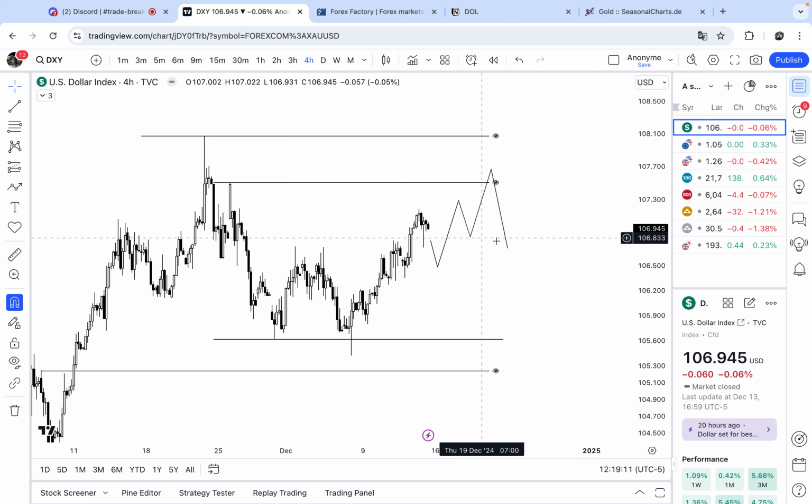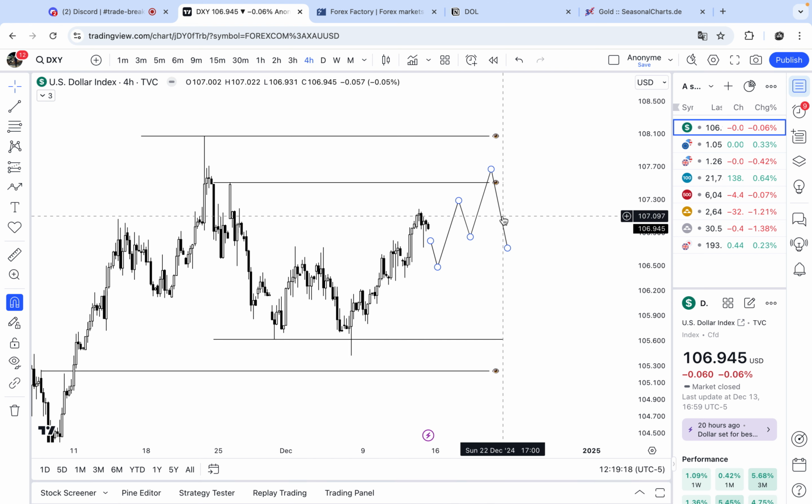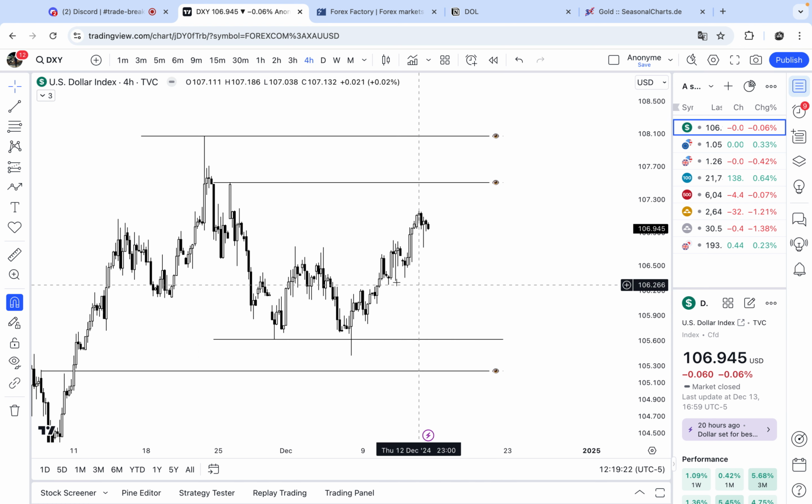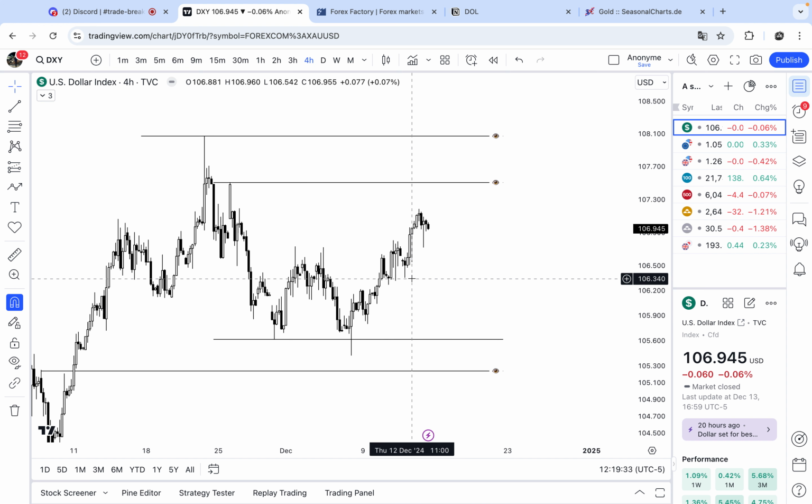That will be the market structure shift. So for the next couple weeks, we will be bearish. Or if this low gets broken, this one before the takeoff, then we're gonna be bearish, right?